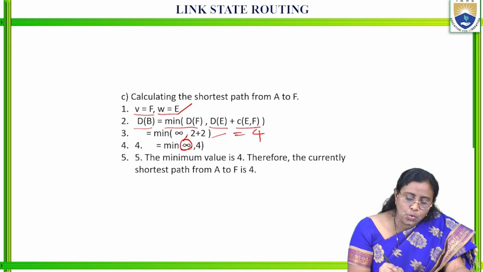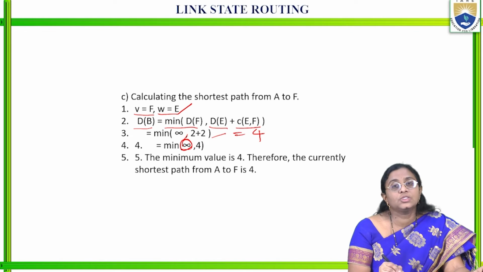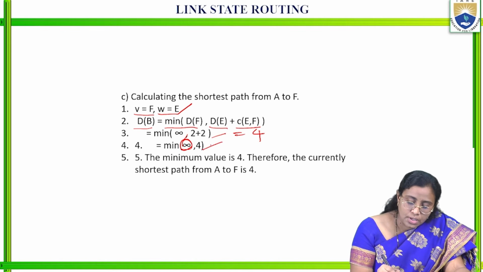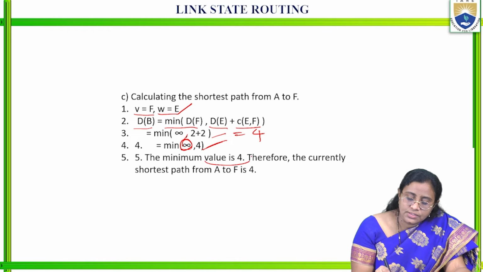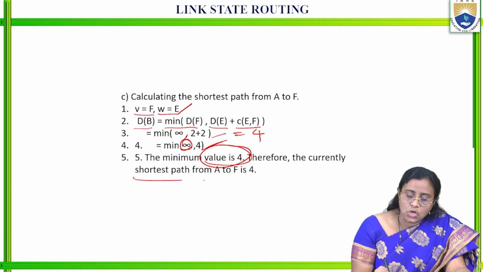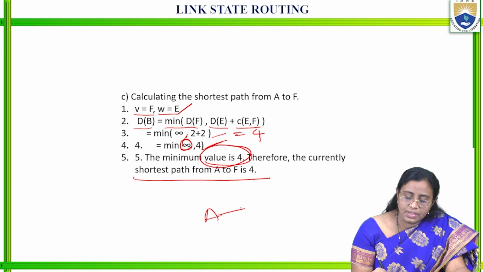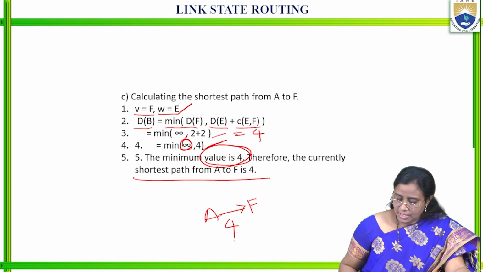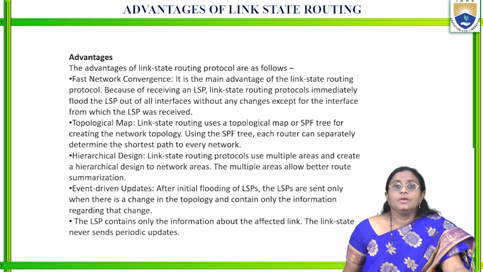Minimum infinity doesn't hold any value, hence the least cost path is 4. The minimum value is 4, therefore the current shortest path from A to F is 4. A to F is 4.